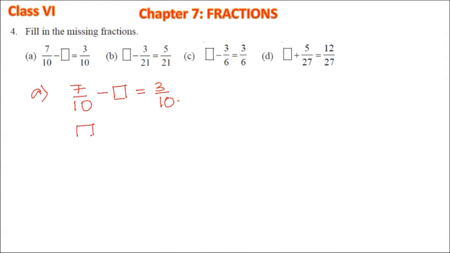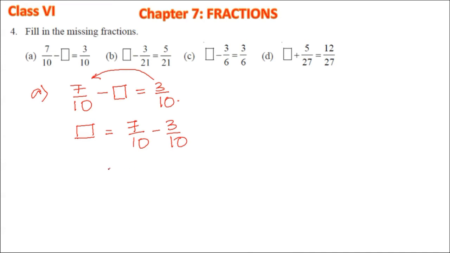This missing number would be equal to 7 by 10 minus 3 upon 10. We need to subtract this 3 by 10 from 7 by 10, then we'll be getting this blank.